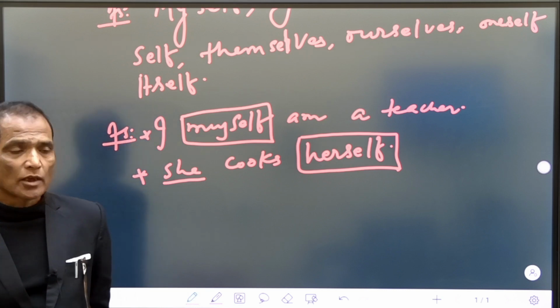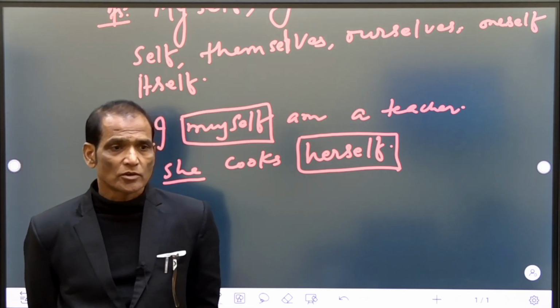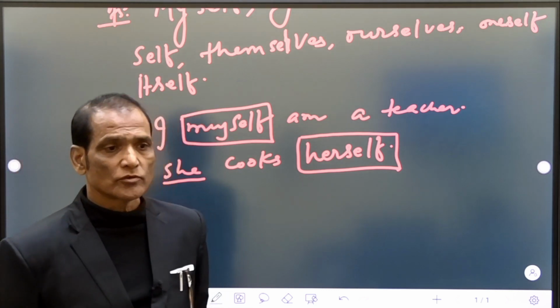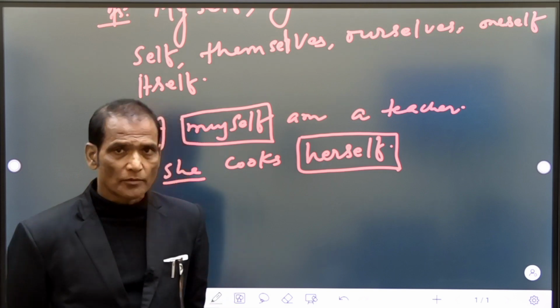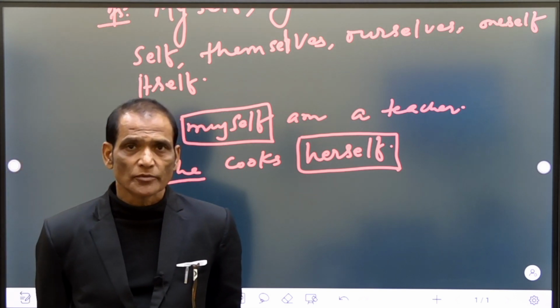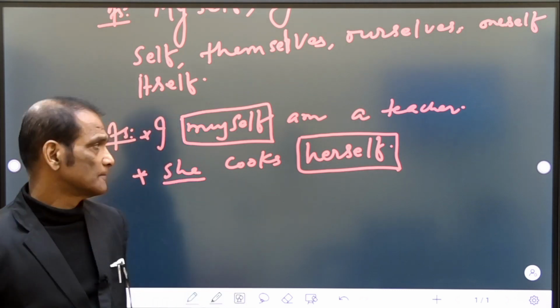Possessive pronouns are those which are used to show possession, right of somebody or something. Objective pronouns are those which are used as object of the verb, and reflexive pronouns are those which are used to reflect the sense of either action or statement.